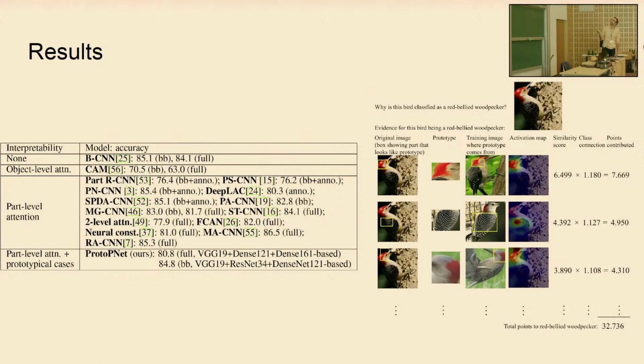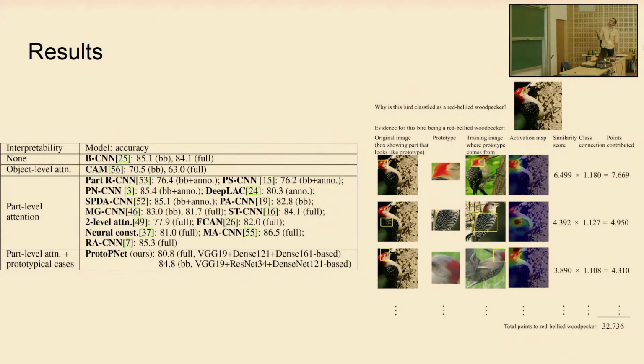And they compared to the non-interpretable model, which was the best during their research, the model called BCNN, right? This model obtained 84.1 for the non-bounding box setup, and 85.1 for the bounding box setup.